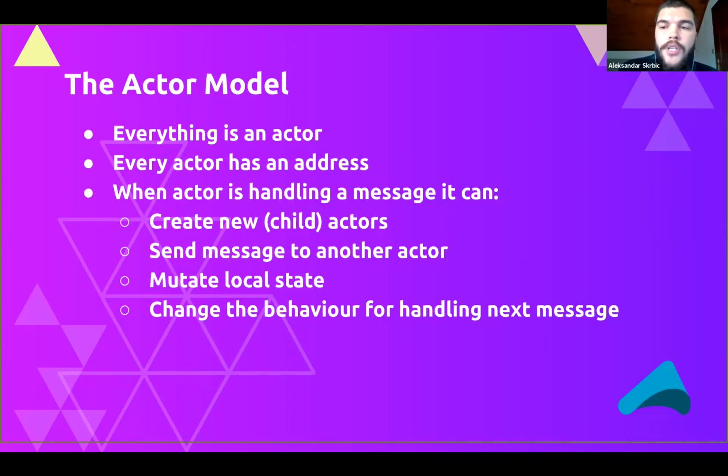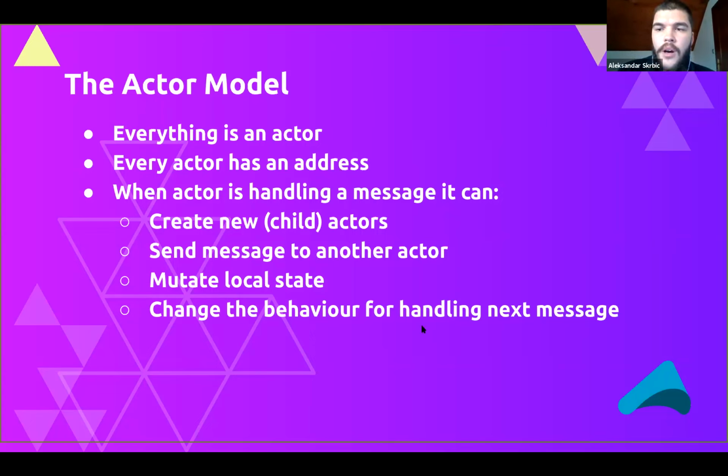Every actor needs to have an address in order to receive a message, and the actor can do these four things. When an actor receives a message, it can create a new child actor. It can send a message to another actor. It can allocate some mutable state, and it can change the behavior for the handling of the next message.